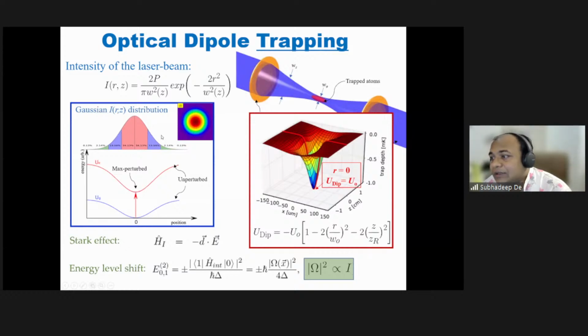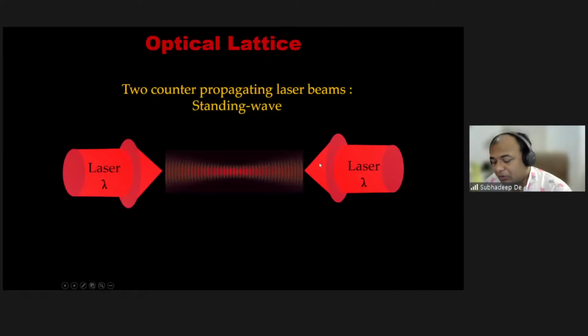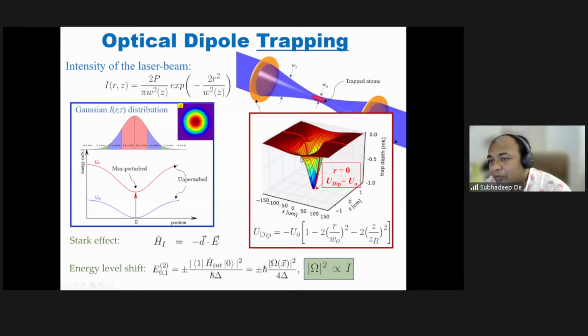Since the atom will see a spatially dependent shift, it will effectively produce a confinement, a potential which is spatially dependent. Here at the center, if I consider it is at x, y, z equal to 0, this is a potential which has the lowest energy at this point, and it is increasing on this side and this side.